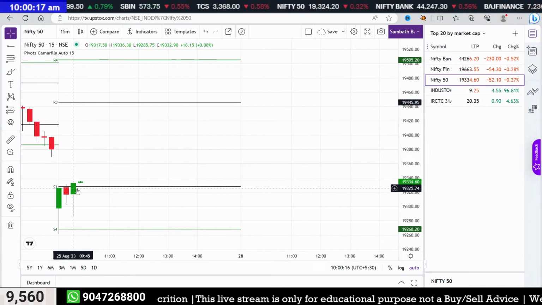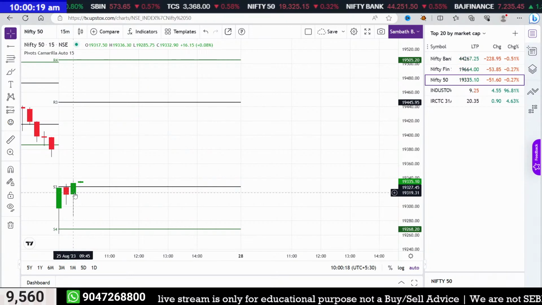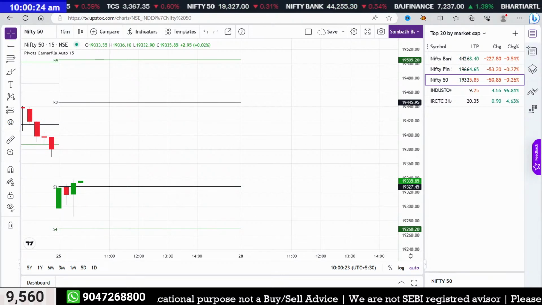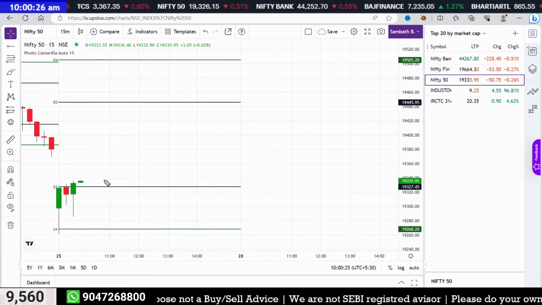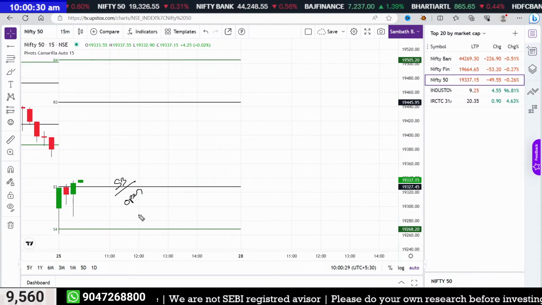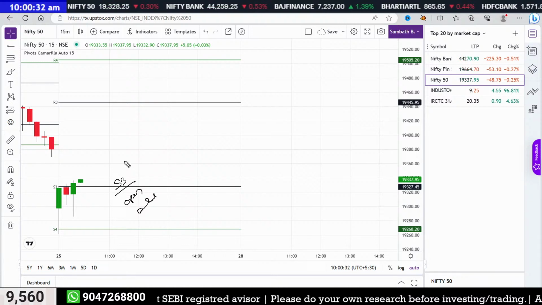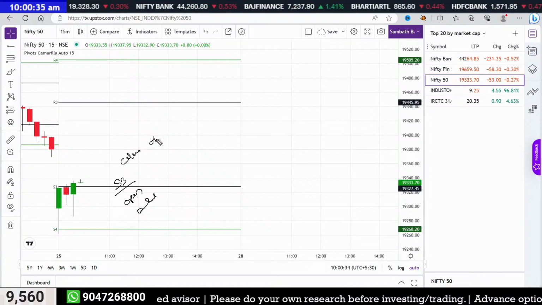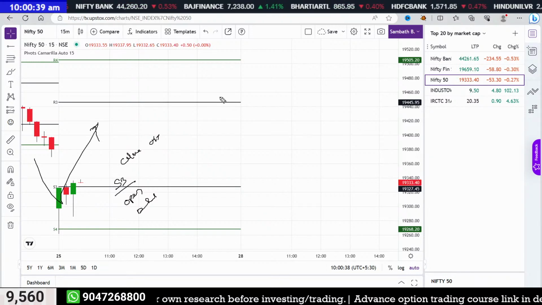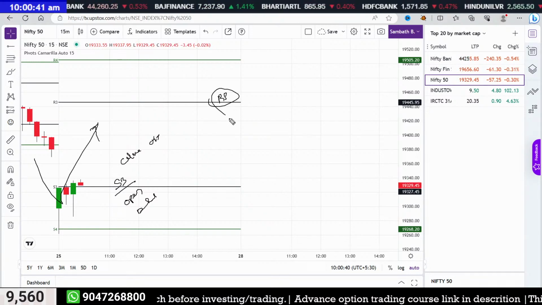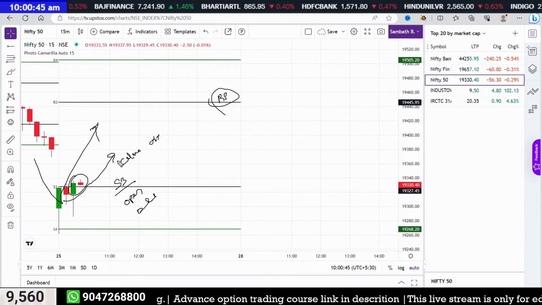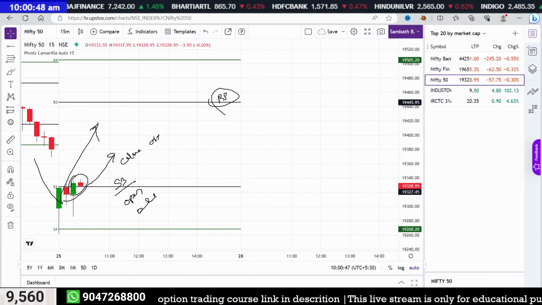Maybe at this point we can track for an upside move, 19,336, with the stop loss below this particular candle. Because at this point, the condition we are looking for is S3 open below and close above. So maybe a reversal that we can expect, maybe a maximum target of R3. Okay, so at this point we can look for this. Maybe the chances from that level should be possible reversal.